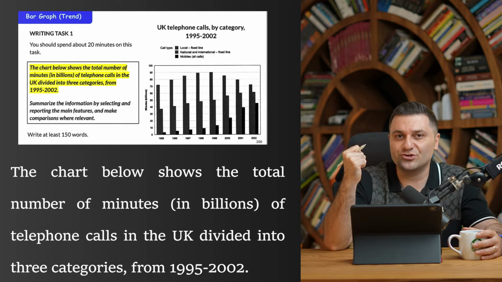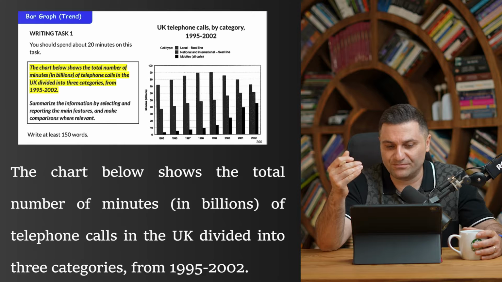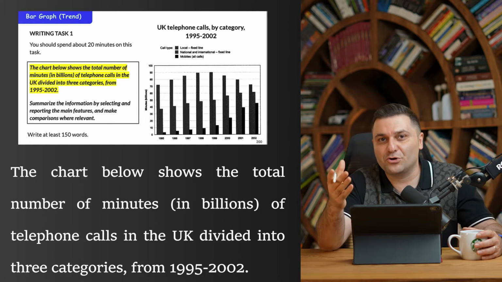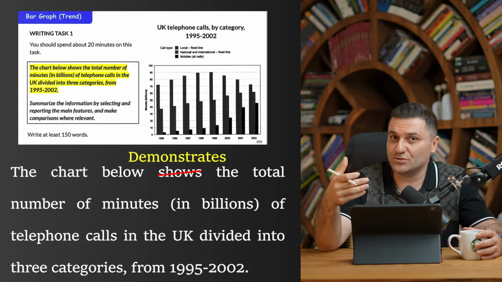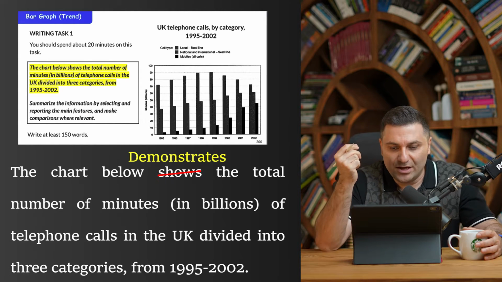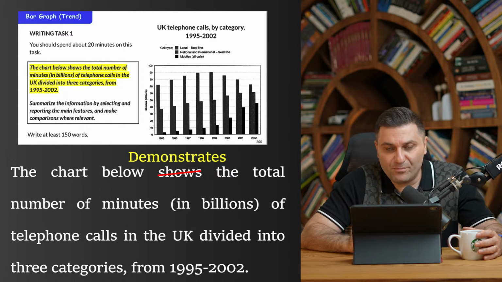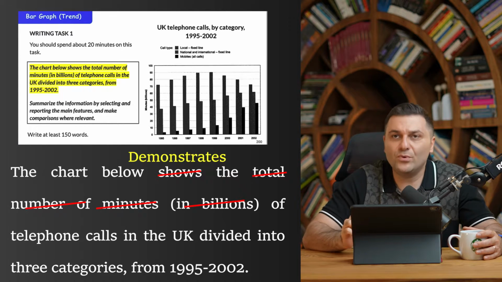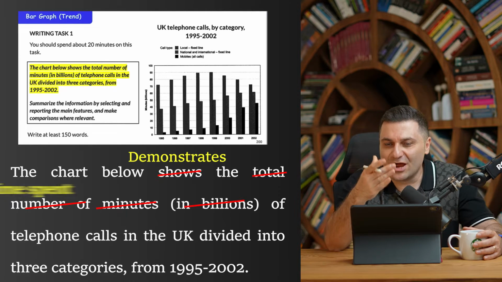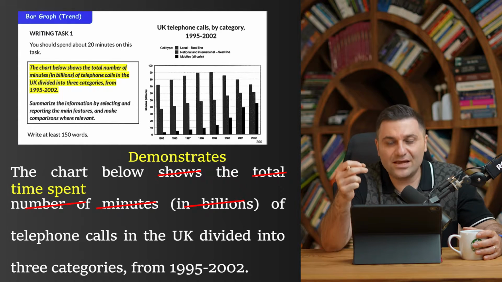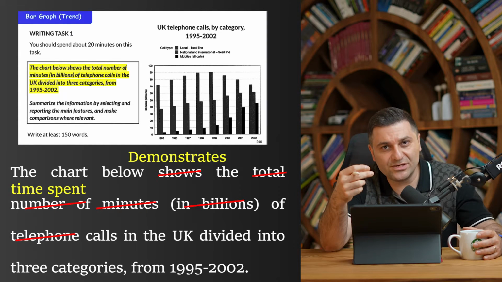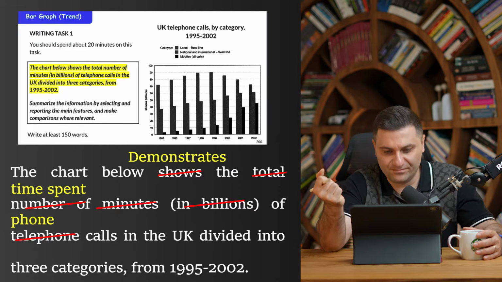Now let's change the words and rephrase the question. First, instead of shows, we can use the word demonstrates. Total number of minutes in billions, we can simply write time spent. Instead of telephone, we can use the synonym, phone.